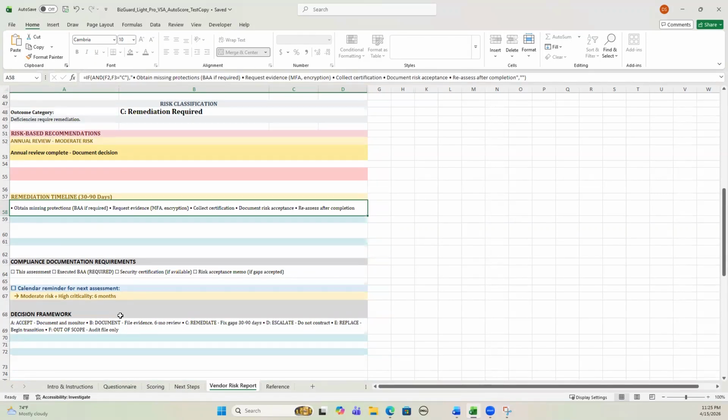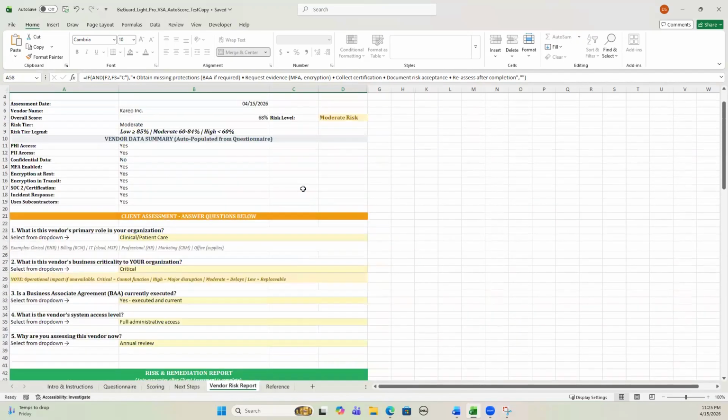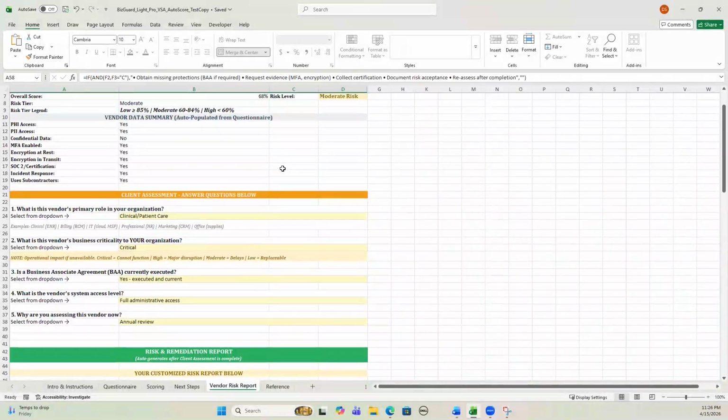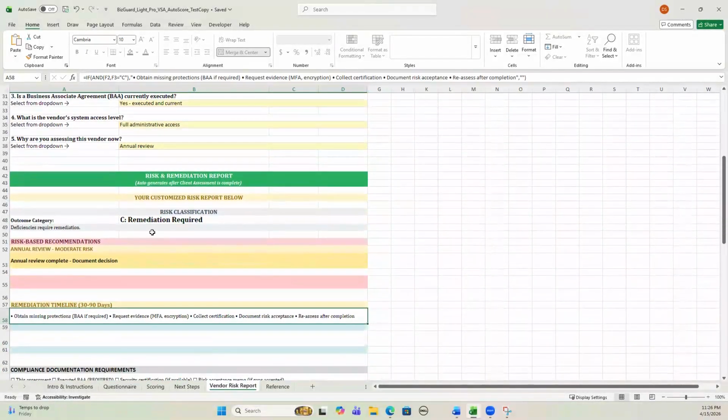So based on the logic engine, PHI access, full administrative access, moderate risk score of 68, BAA in place, but with some control gaps, including AI LLM usage with customer data, this lands on outcome C, remediation required. And it's automated results based on the provided information.